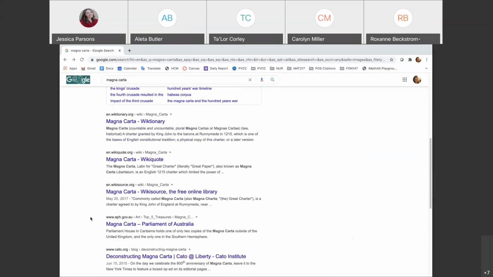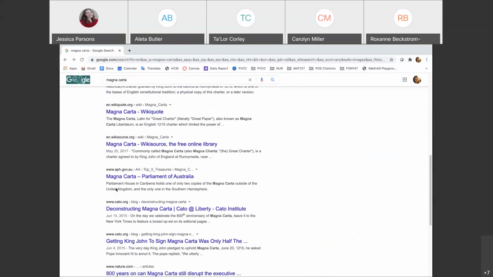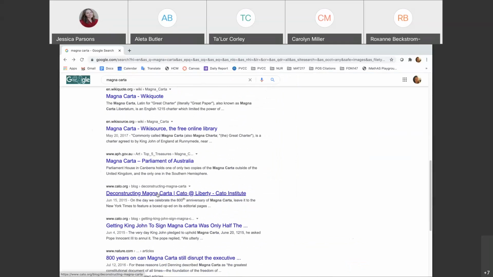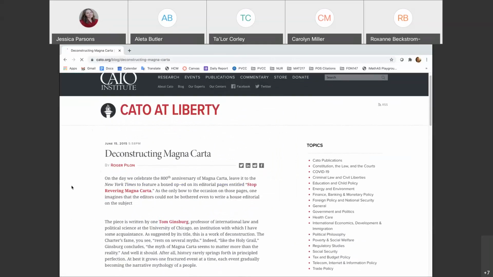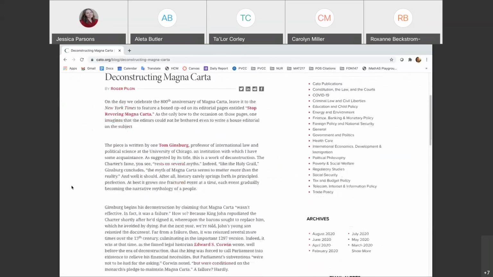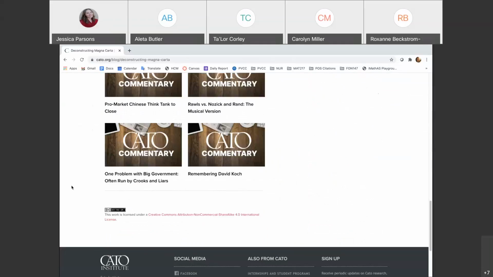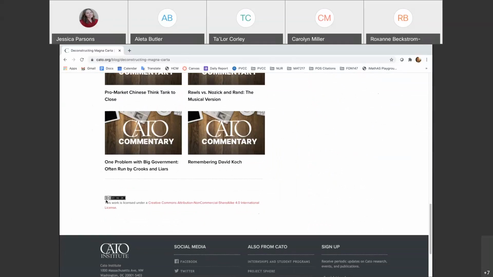And we can look down some more, and it looks like we can try this article here. Here's another article on the Magna Carta, and again, we just want to look for the Creative Commons licensing down at the bottom. This one looks like it's under non-commercial share alike.